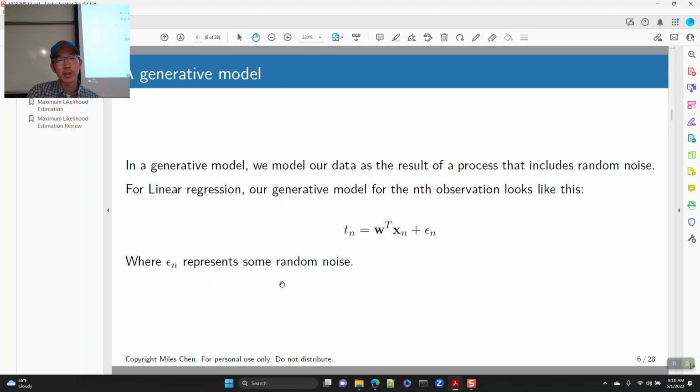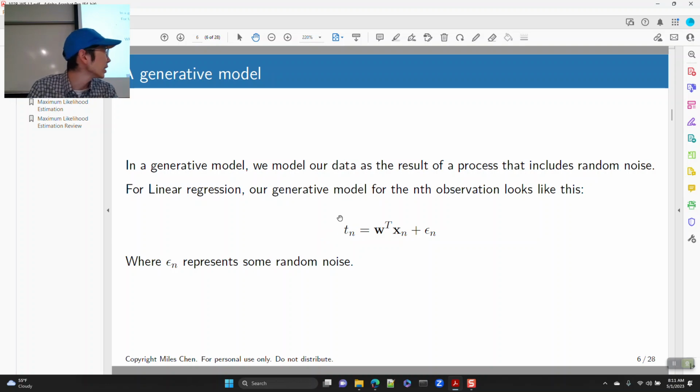So all of our generative models will always have some kind of random noise because rarely can we model everything. And if you do model everything, probably you've overfit your data. But anyway, this is what we have.